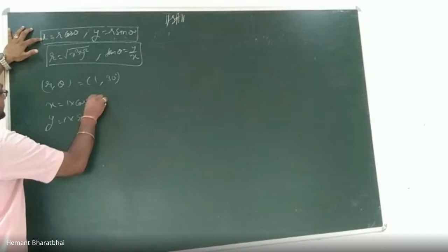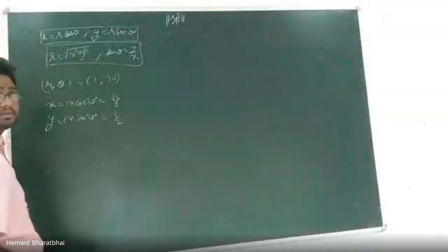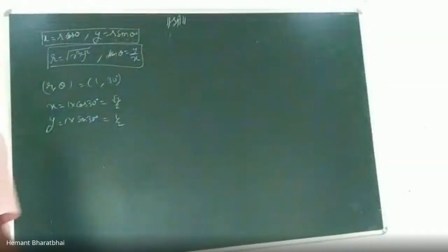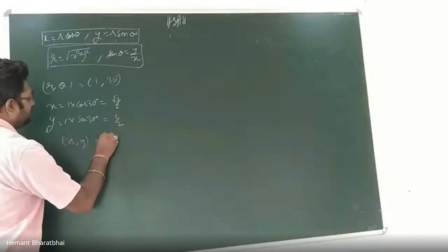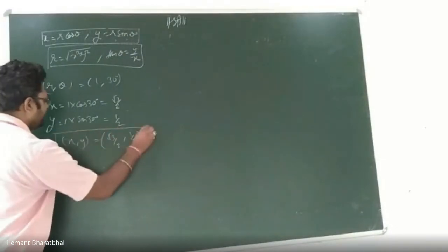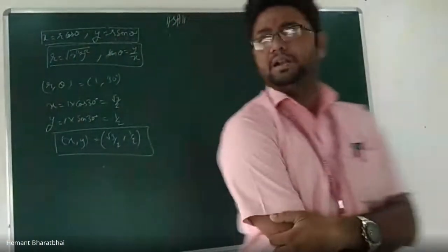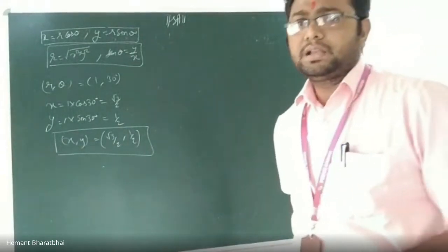Cos 30 is root 3 by 2, whereas sin 30 is 1 by 2. So I get x comma y equals root 3 by 2 comma 1 by 2. I was given the polar coordinates 1 comma 30 degrees and I found the Cartesian coordinates.